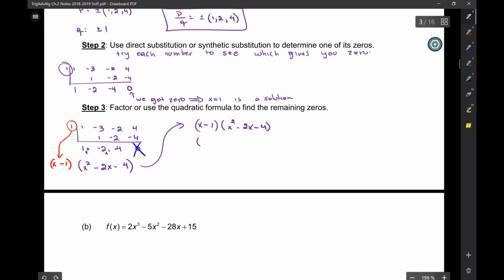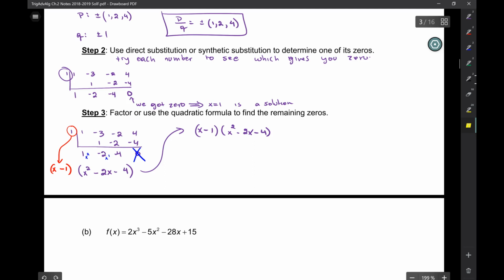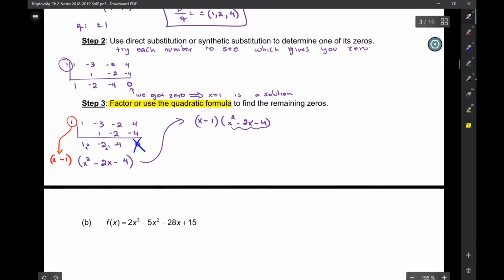Because the whole polynomial, that's part of the polynomial, and we're sort of factoring it little by little. Okay, so now this one, look at what it says. It says factor or use the quadratic formula to find the remaining zeros. All right, so can we factor this guy? Not possible, I don't think, but let's use the quadratic formula to find the other zeros.